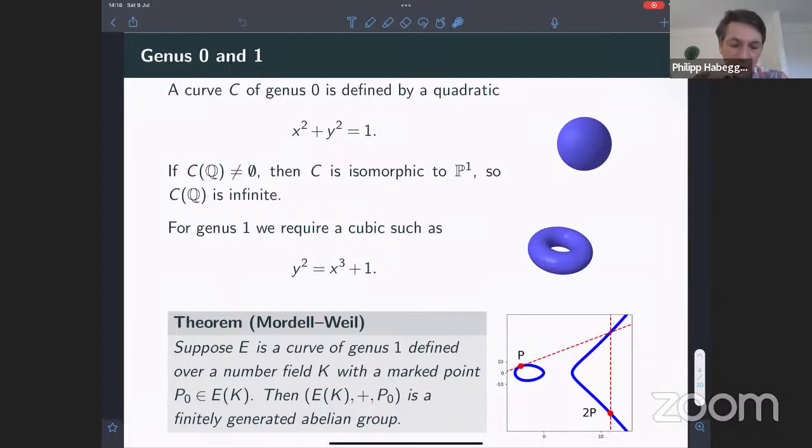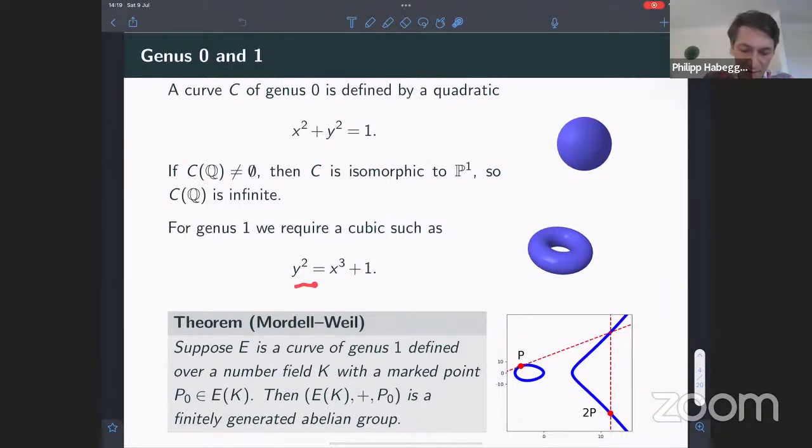And it's a classical fact here that as soon as you have a single rational solution to an equation like this, then the projective model of the curve becomes isomorphic to the projective line over Q. And therefore, the set of rational points of the curve is in bijection with the set of rational points of the projective line, and therefore in particular infinite. So there are 2 cases here. Either we have no rational points or we have infinitely many. That's what can happen in genus 0.